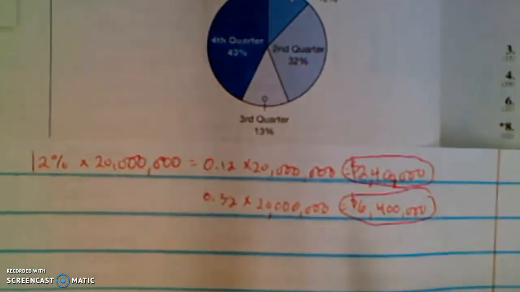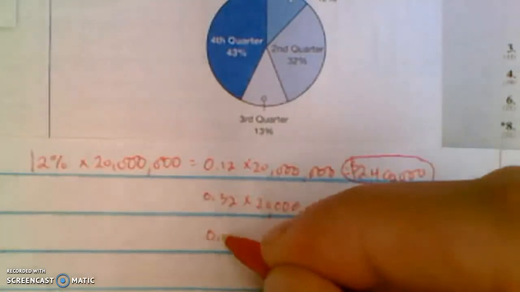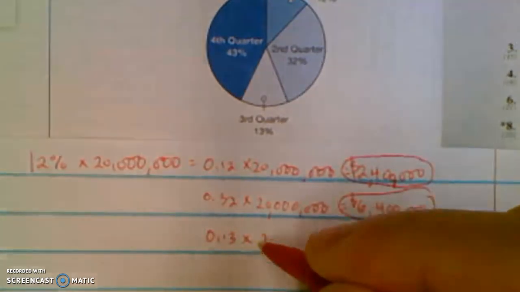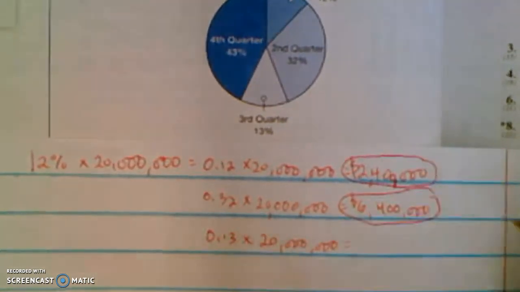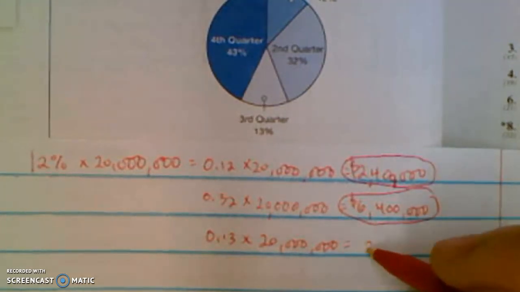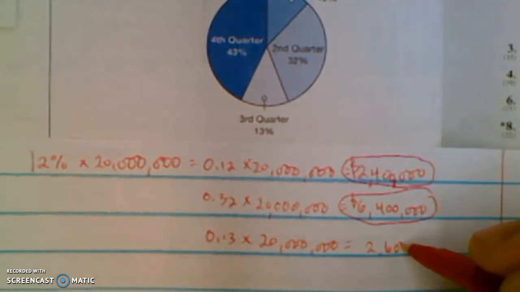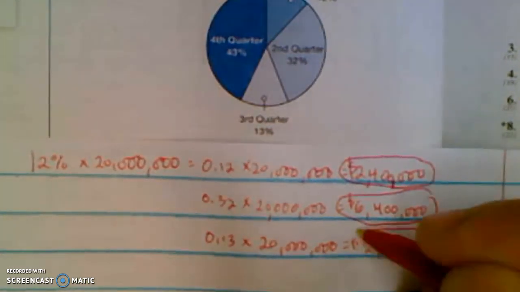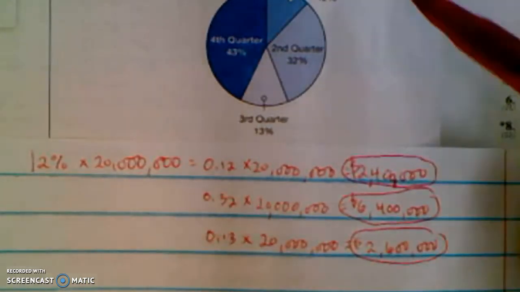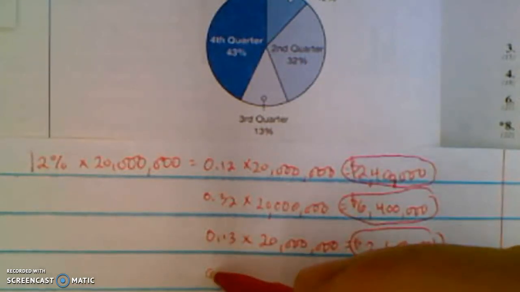In the third quarter, that was 13% of sales. So we want to take 13 hundredths times 20 million, which gives us $2,600,000. And a big fourth quarter, 43%.